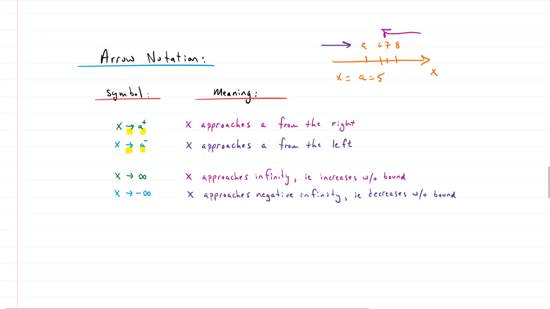We can say let x get as big as we want, and it keeps going on forever, infinitely. That is represented by x and then a right arrow and then infinity. So x, right arrow, infinity, means x approaches infinity or increases without bound. X, right arrow, negative infinity, means x approaches negative infinity or decreases without bound.